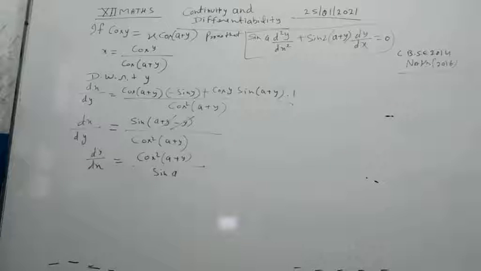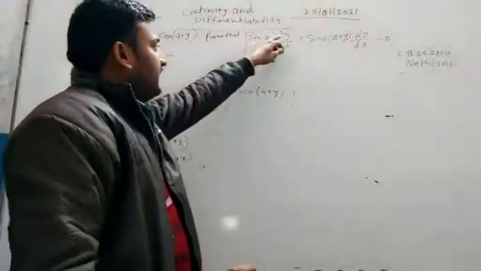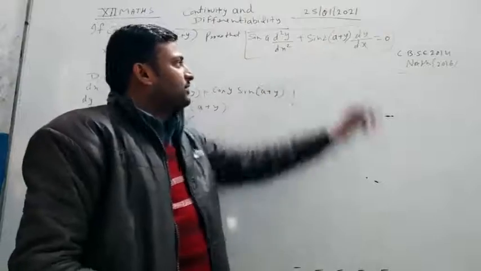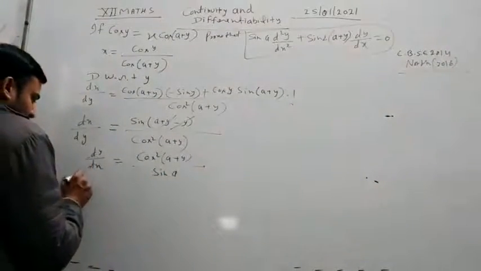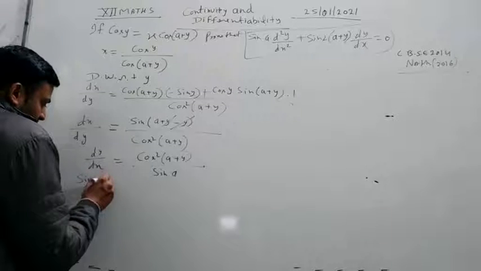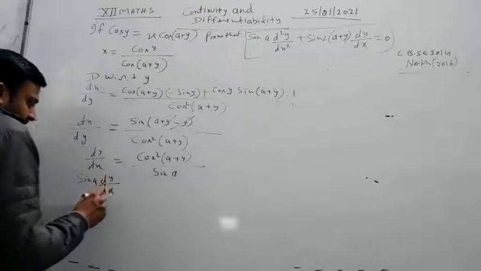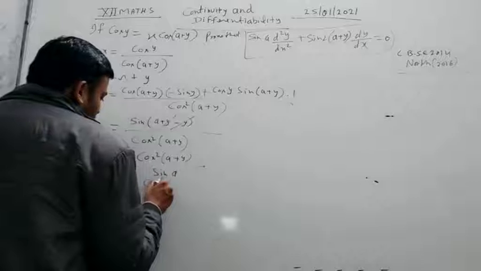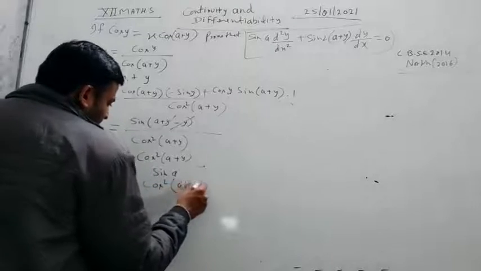Now we have to prove that sin a d2y by dx2 plus sin 2(a plus y) dy by dx is zero. So we send this to the other side: sin a dy by dx is equal to cos square (a plus y).